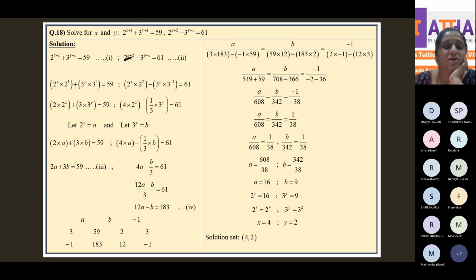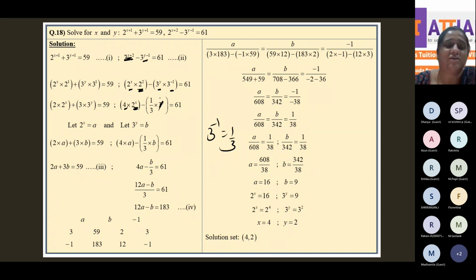And here this is 2 to the power x into 2 to the power 2. This one is 3 to the power y into 3 to the power minus 1. So 2 square is 4, 4 into 2 to the power x. Here 3 to the power minus 1 means 1 by 3, into 3 to the power y is equal to 61.